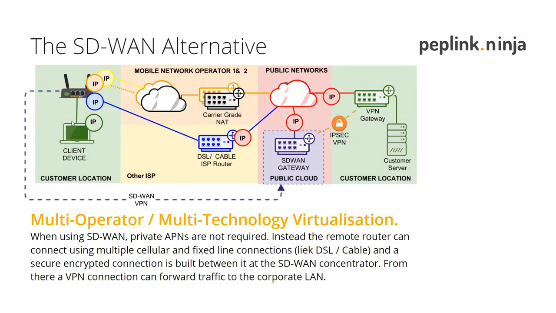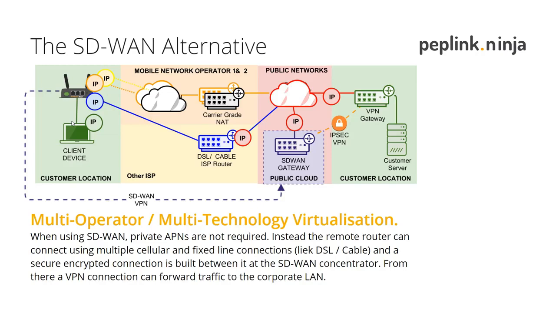So we need to talk about SD-WAN and the alternative approach here to using private APNs, right? In what we're seeing in this diagram here, the key thing that I want to bring up is when you use an SD-WAN, you're not just aggregating or failing over between multiple cellular links securely.